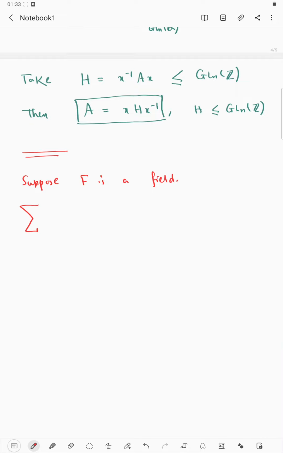Consider the set sigma equal to the cardinalities of A, where A is a finite subgroup of GL_n(F).